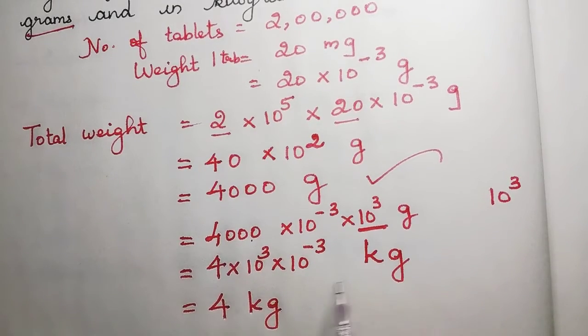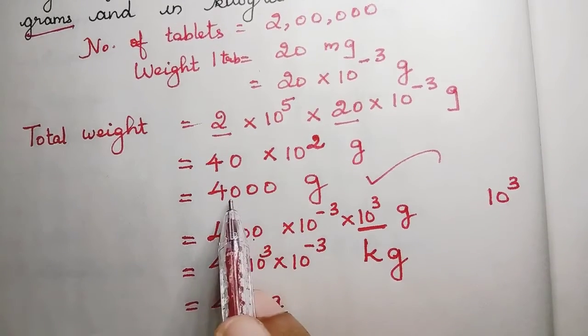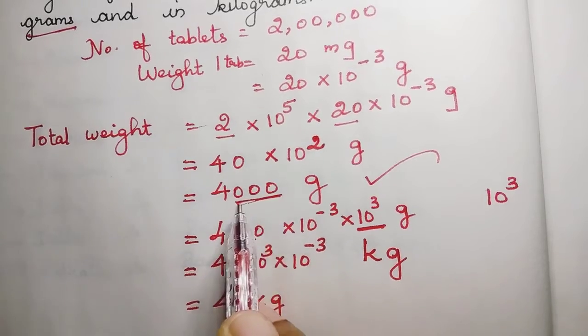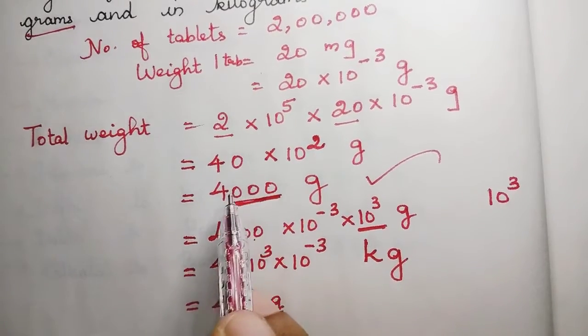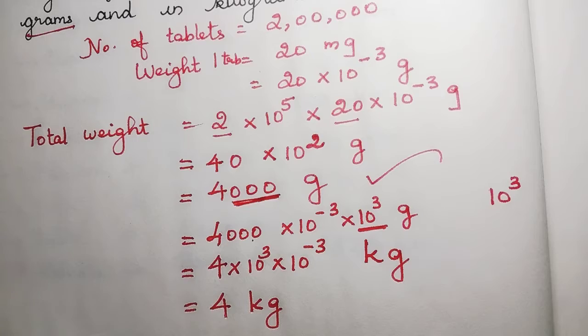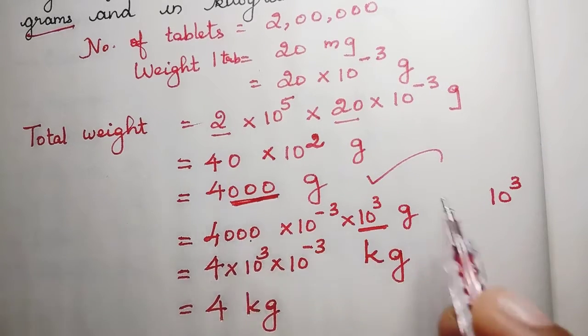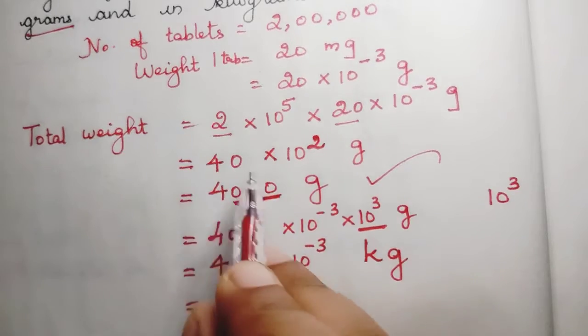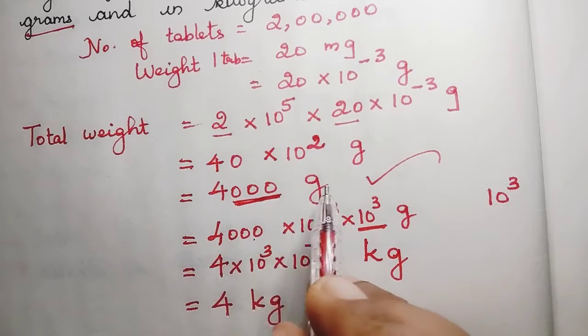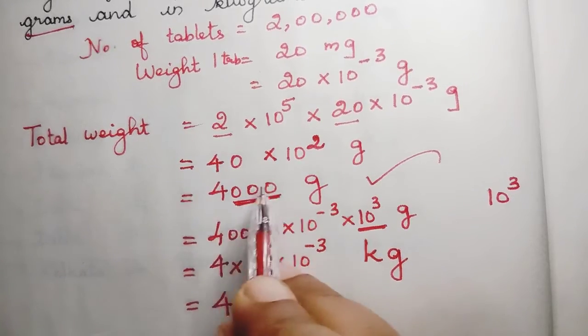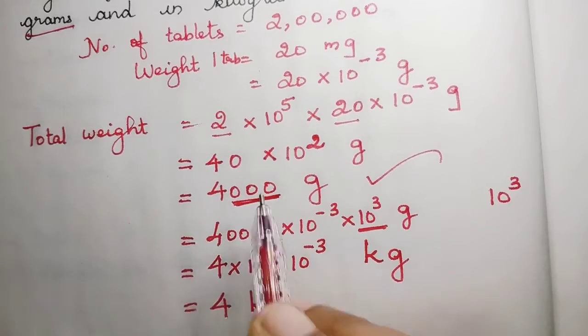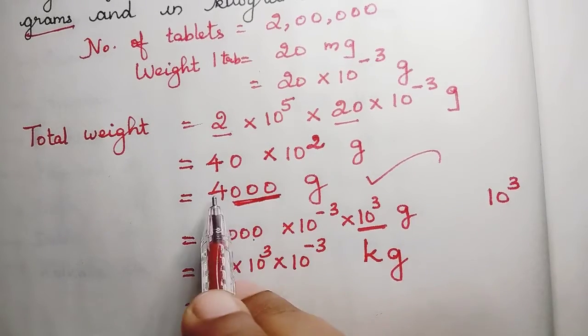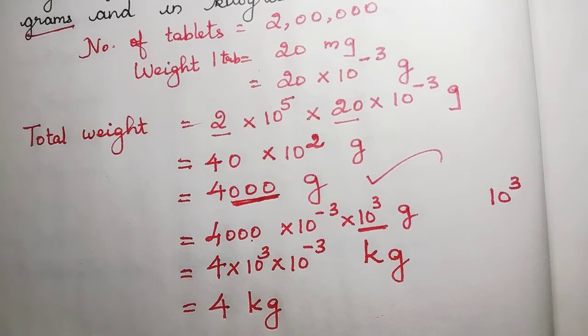Either you can use these terms, or directly when you see these 3 zeros, you can write kilo here. So 4 kilograms. If you want to use these powers, you can use them like this, or else by looking at 4000 grams directly, you know it, right? You have to take away these 3 zeros and put k here. Okay, 4 kilograms.